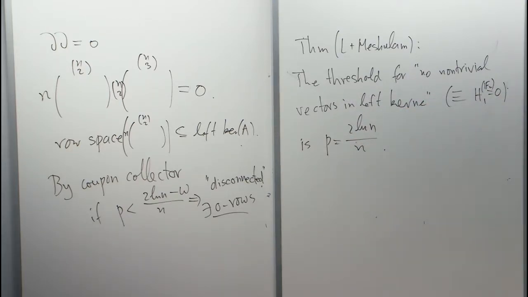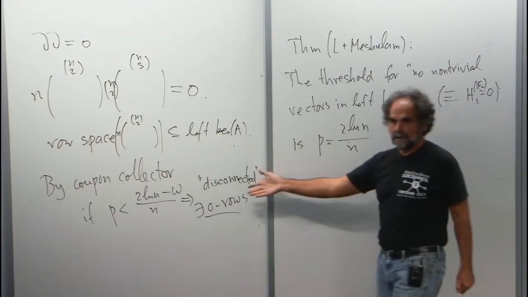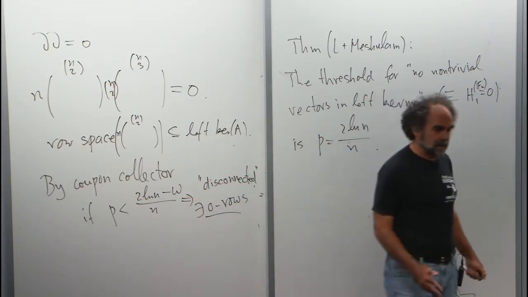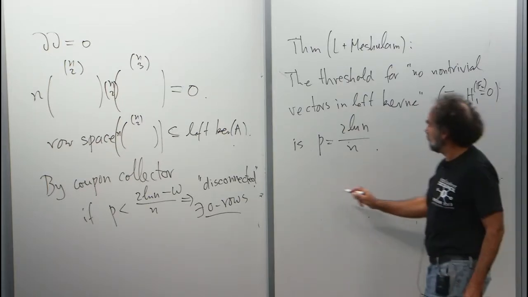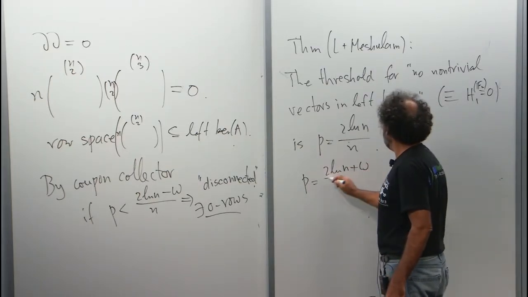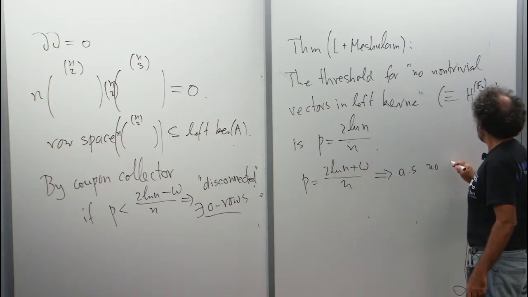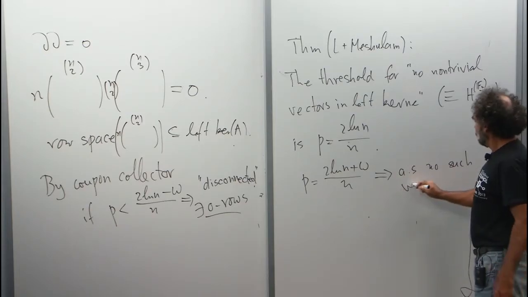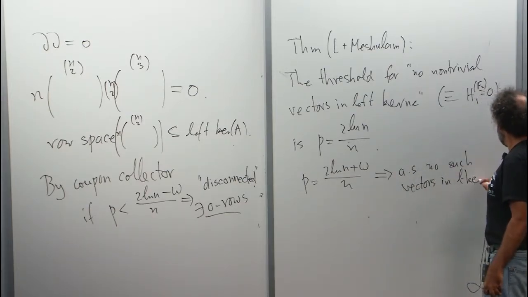The same thing. So of course, the main part, as it was with graphs, the easy part, I told you, is really just a very simple thing. The main part is to show that if P is 2 ln n plus little omega over n, then almost surely there are no such vectors in the left kernel.